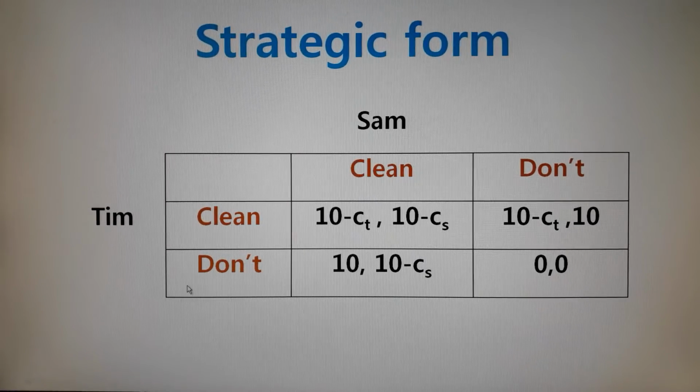If Tim doesn't clean it, Sam would clean it with probability 2/3, then Tim will get 10. Sam would not clean it because he's the high cost type, then Tim would get 0. On the other hand, if Tim chooses to clean, that would be 10 minus 5, regardless of what Sam does. Okay?